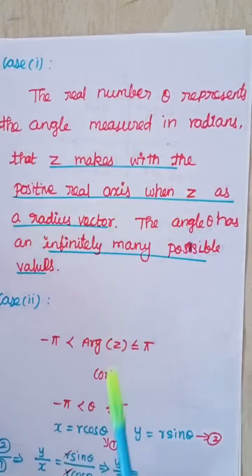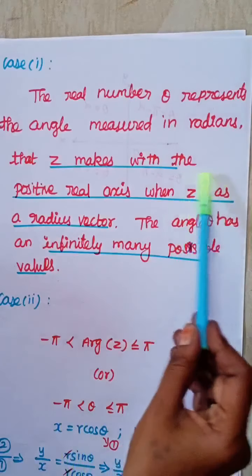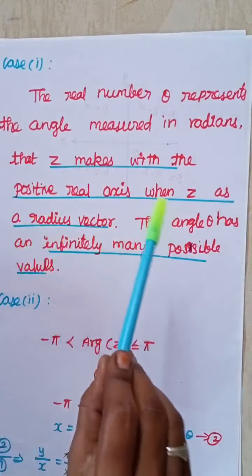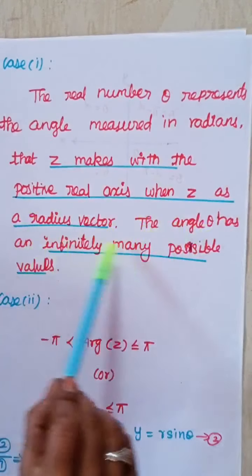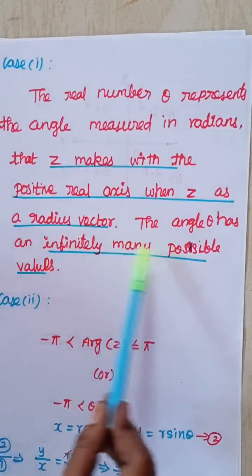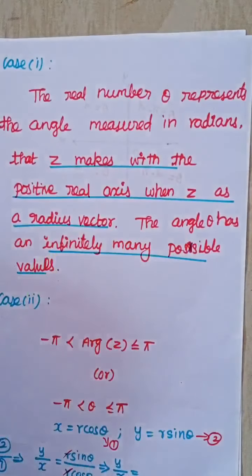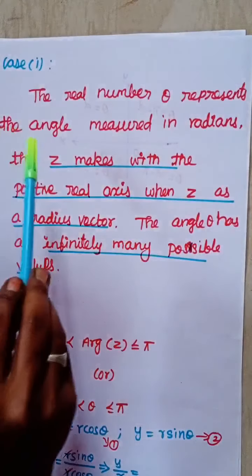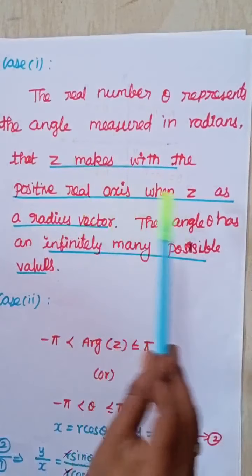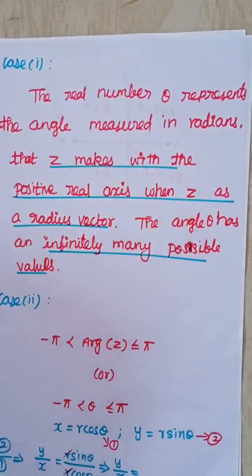When Z is taken as a radius vector, theta has infinitely many possible values.